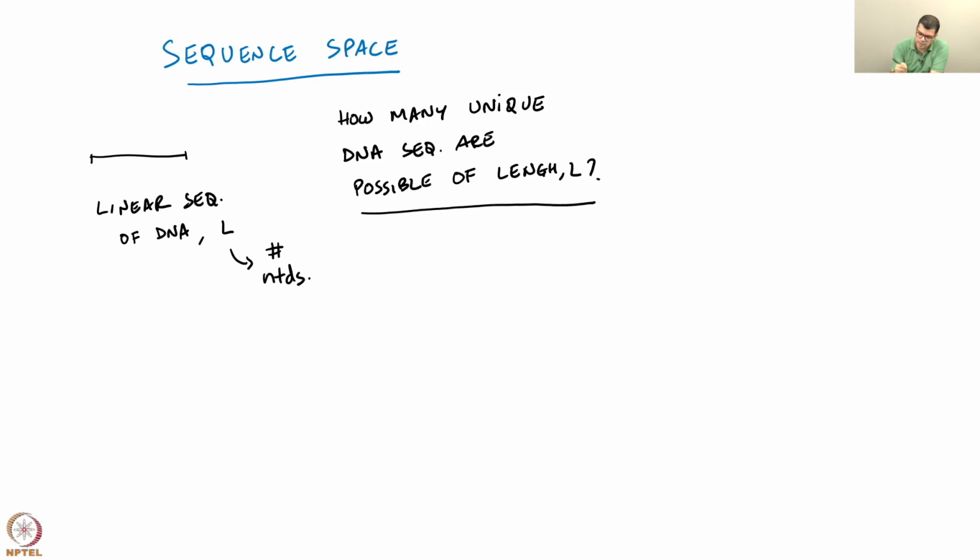And this is not really that hard. Let us imagine that L is 1. So, we are interested in DNA sequences whose length is only 1, which means there is only one nucleotide in the DNA sequence. What you should realize here is that there are 4 such possible sequences.